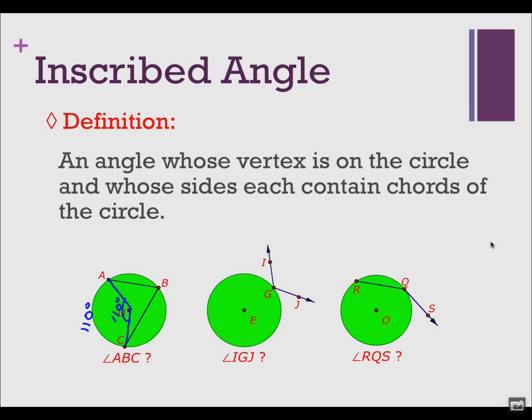Half of that maybe. 55? Yeah. What do you think? That's 55? Or 220, which one? Which way you want to go? Is the angle bigger than the arc or smaller than the arc? Smaller. Okay, Emmett? Are they supplementary? Ooh, another good guess. So maybe that angle is 70.